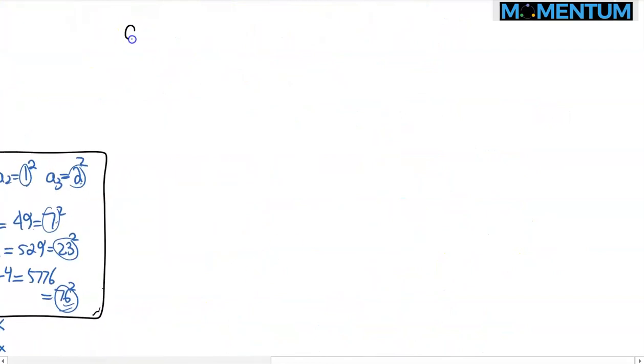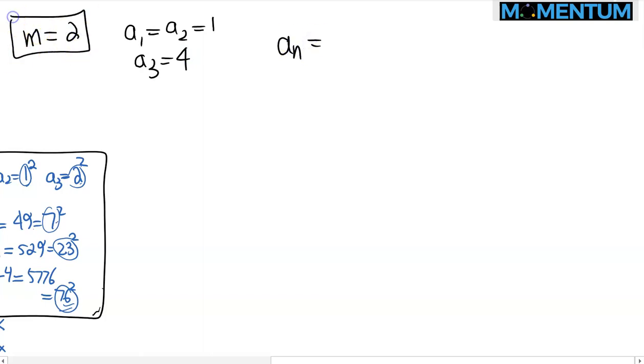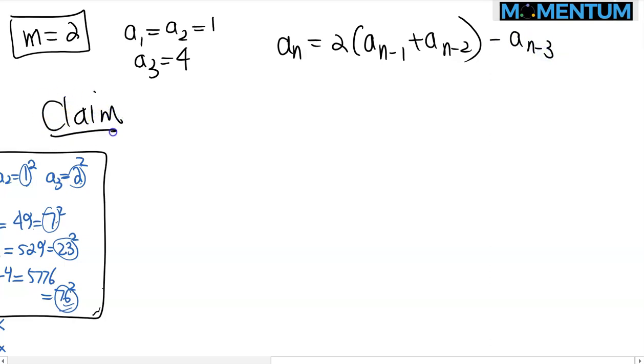So just to summarize, we are given a1, a2 equals 1, a3 equals 4, and then this recursion for a_n. Let's start with the case m is equal to 2. All we need is to verify that indeed this works: 2 times a sub n minus 1 plus a sub n minus 2 minus a sub n minus 3. And our claim is that a sub n is just equal to f sub n squared, where f is the Fibonacci sequence, right?